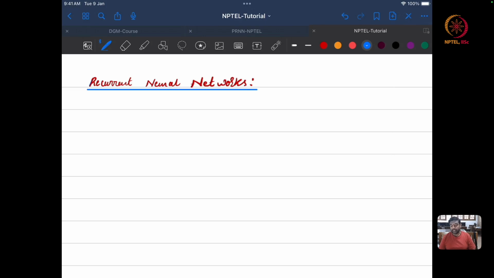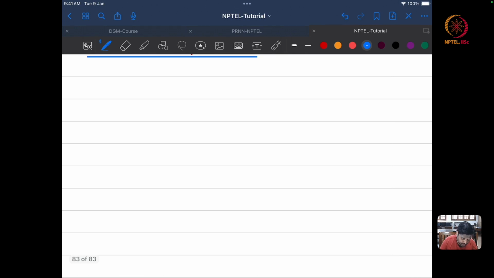So without any further delay, let's jump into understanding RNNs from the lens of implementations. By now, all of you are comfortable that I have an input X, which has sequences with timestamps x1, x2, so on till xT.